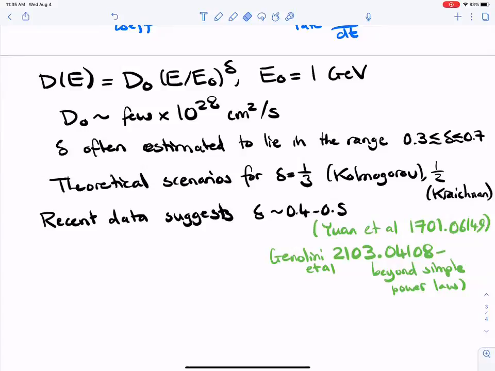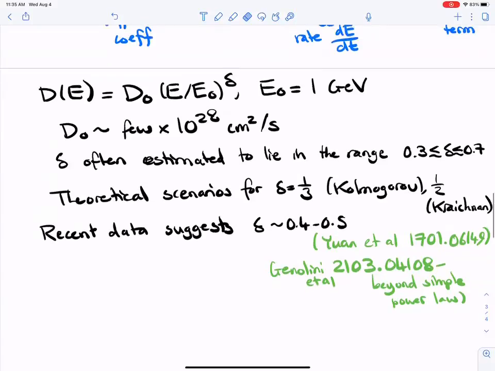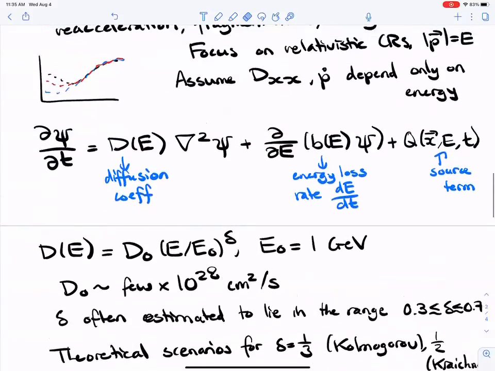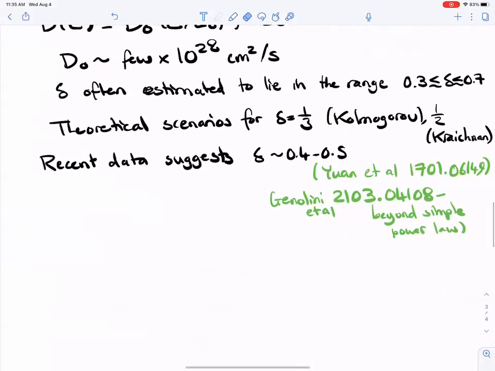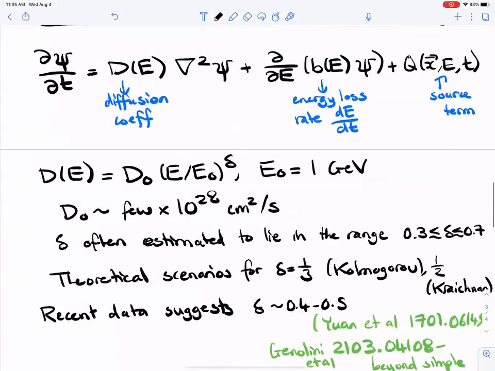Okay. So taking this very simplified model, let's look at this PDE and say that we're interested in the steady state solution. So we're interested in d/dt equal to 0.